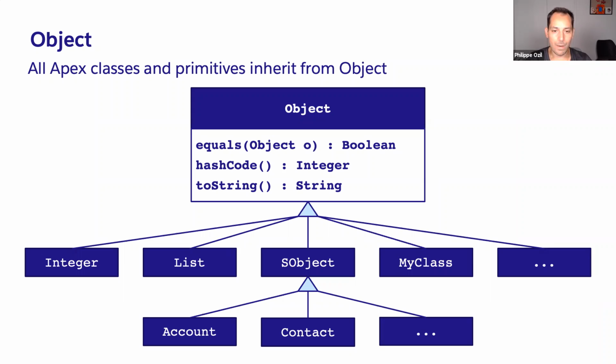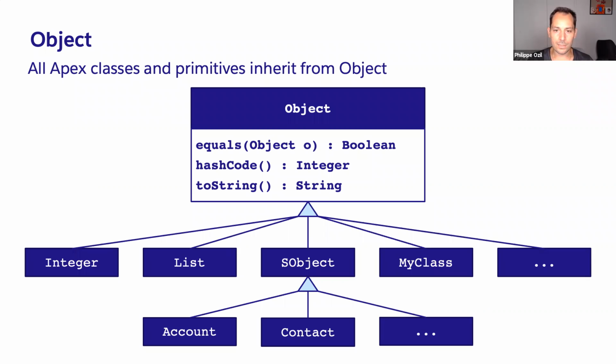So whether you're talking about the basic primitive types like integers, dates, strings, all of these are objects, but also collections like list, set, map, sObjects, account, etc. They're all actually objects, and even your custom classes inherit from object. Although you do not need to specify it when you create a new class, it's actually enforced. These new classes are inheriting from object.